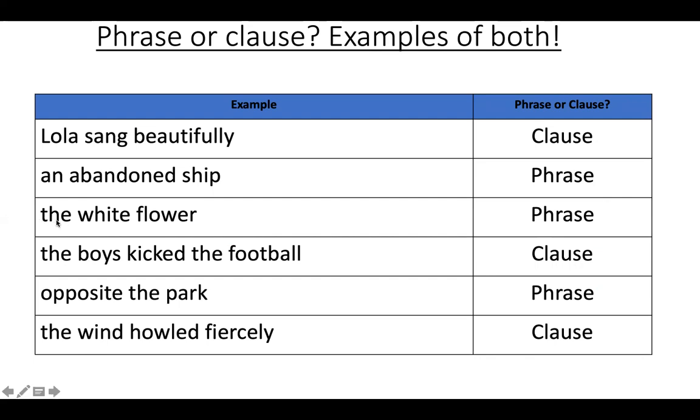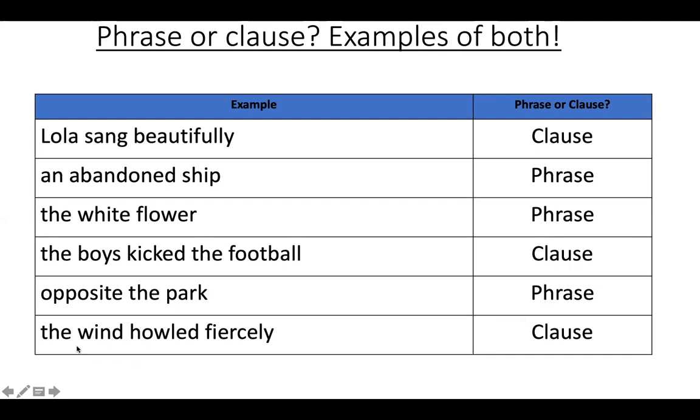The third example, the white flower, is an example of a phrase. The fourth example, the boys kicked the football, is an example of a clause because it contains a subject and a verb, kicked. The next example, opposite the park, is an example of a phrase.